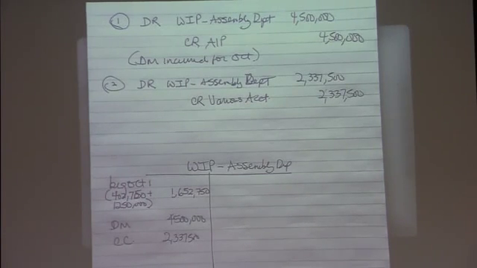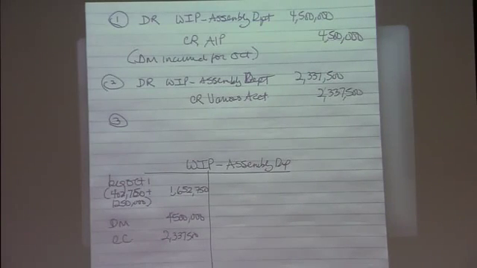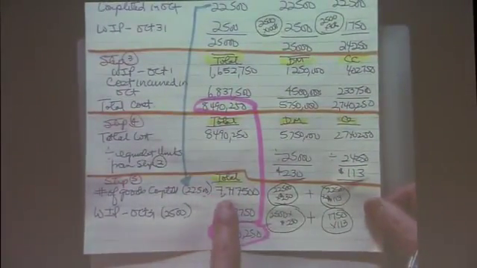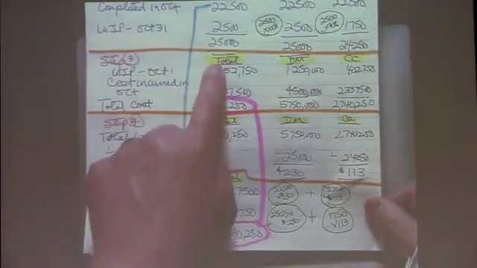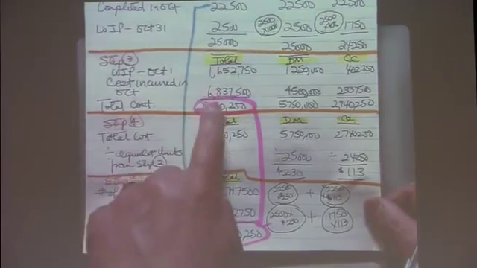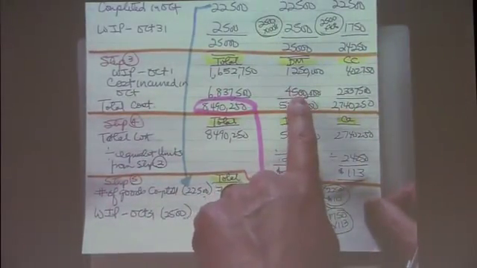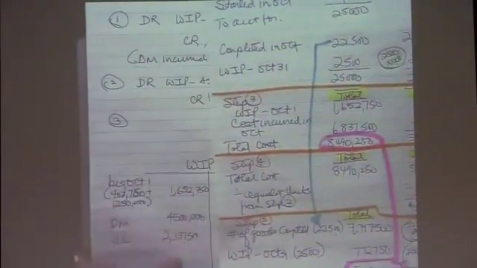Now, for item number 3, we need to know how much of the goods were transferred out. If you remember, we did that detailed calculation in that previous video, and we showed you that this is the total cost incurred, which is the sum of the beginning, the direct material and the conversion cost, and that's what it is on the debit side.